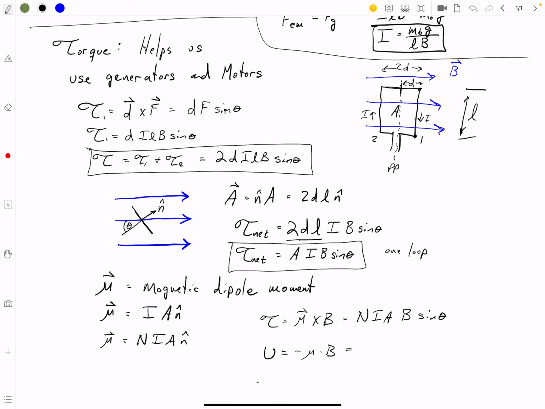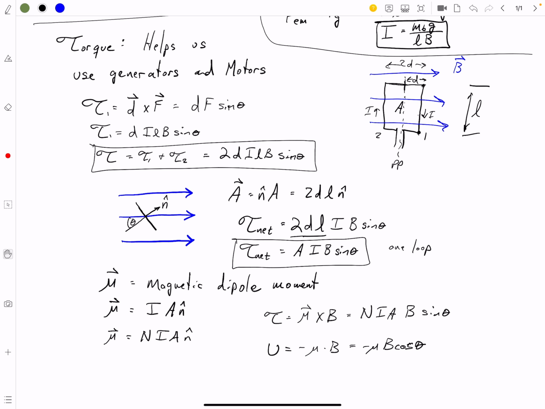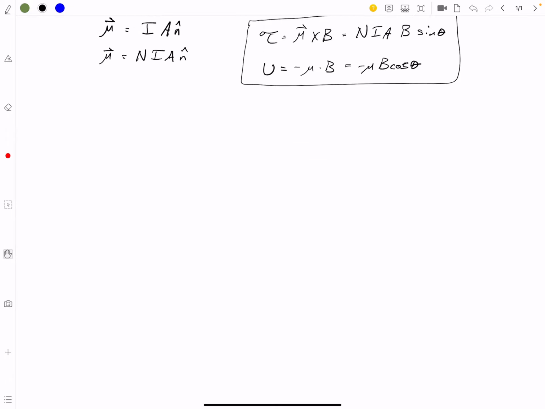So minus mu B cosine theta is our energy for the magnetic dipole moment. These two are important.